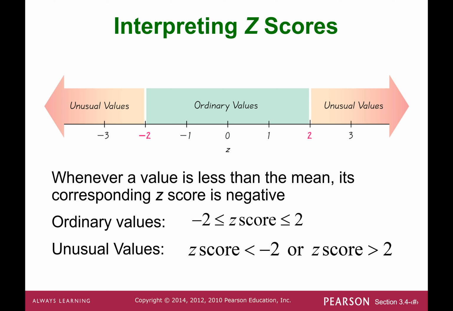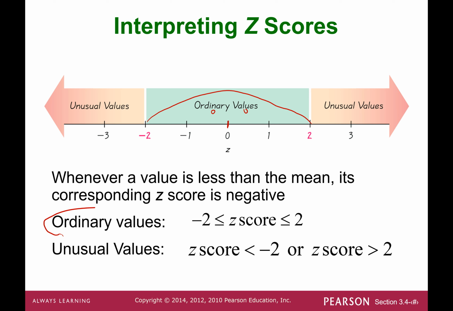Now let's try to interpret the z-score. Right in the middle, the z-score equals 0. In the range between 2 standard deviations below the mean and 2 standard deviations above the mean, we call these ordinary values.